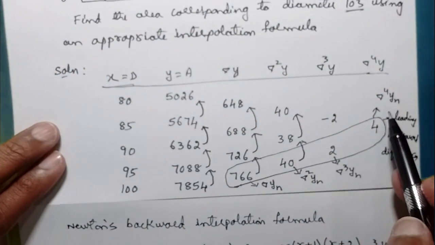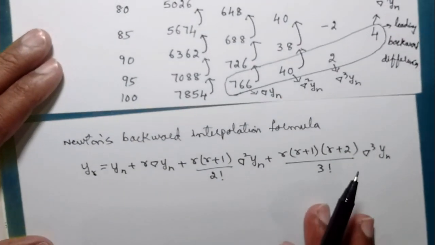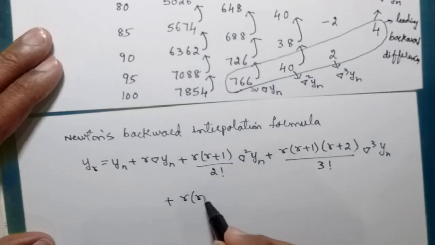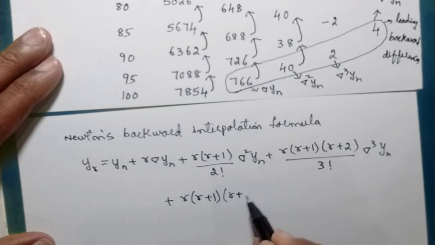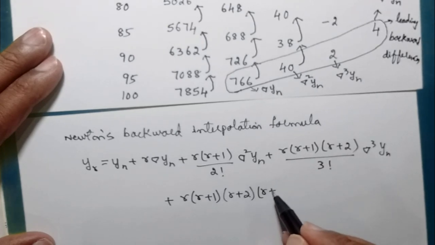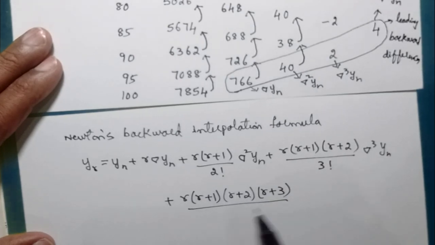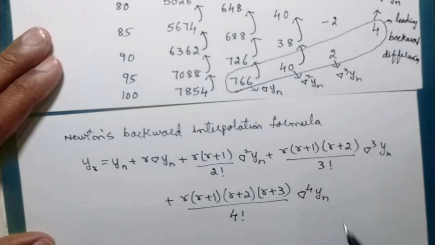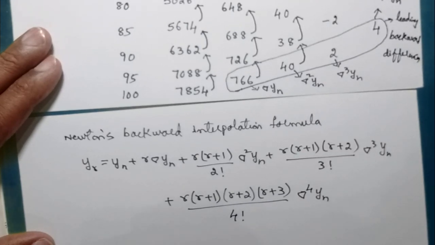Because up to nabla power of 4 yn you have the value, you have to write the formula up to nabla power of 4. So it is r into r plus 1 into r plus 2 into r plus 3 divided by 4 factorial into the fourth difference. So we need to find the value of r.